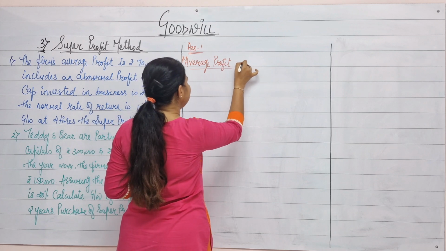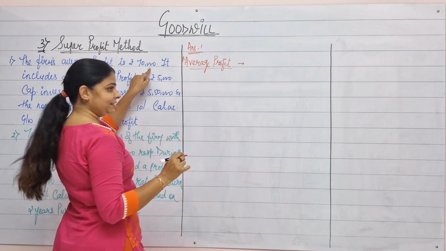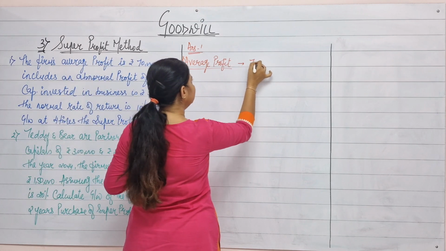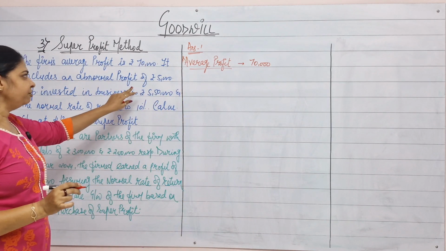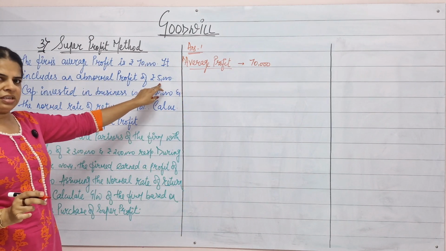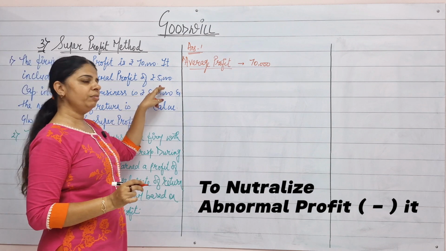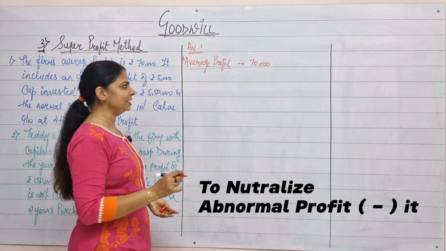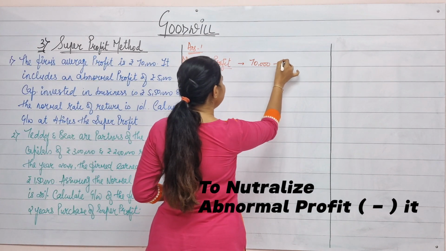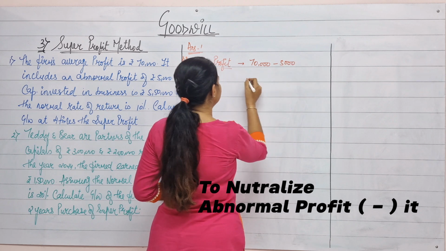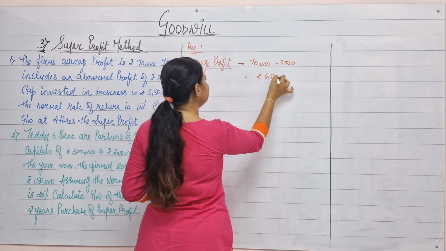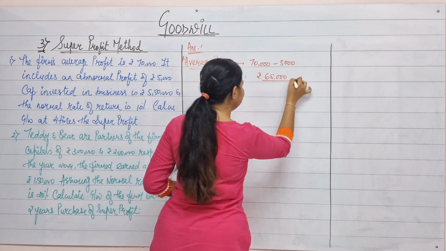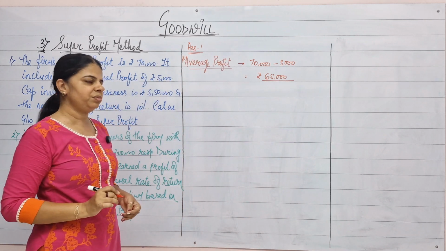Here the average profit is given directly, 70,000, and it carries an adjustment of abnormal profit of 5,000. You remember, to neutralize abnormal profit we deduct it. So your average profit will be rupees 65,000. Underline it when you arrive at some amount.